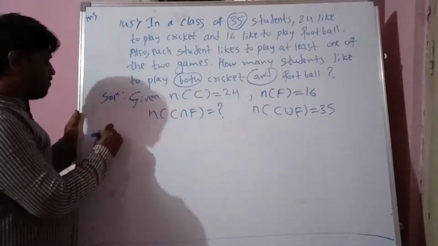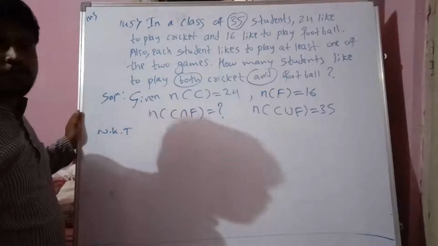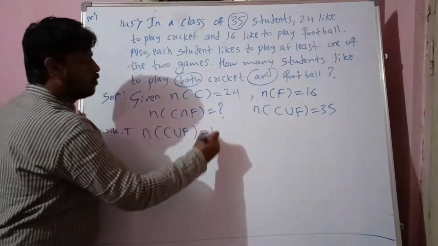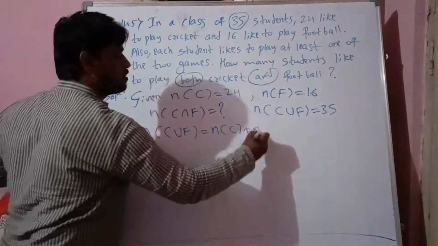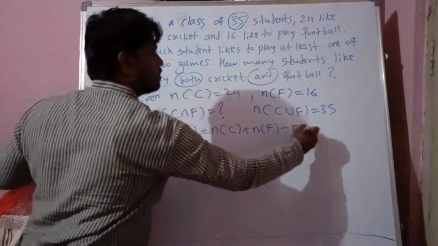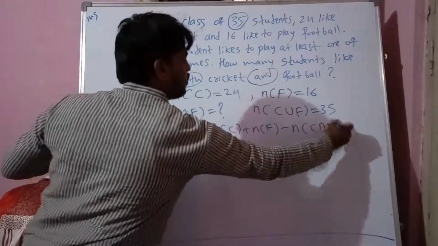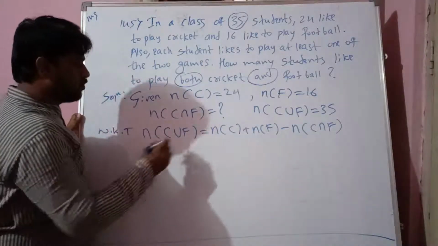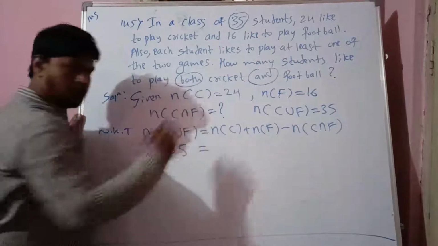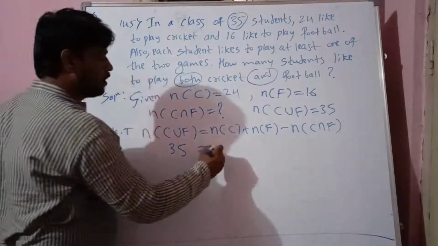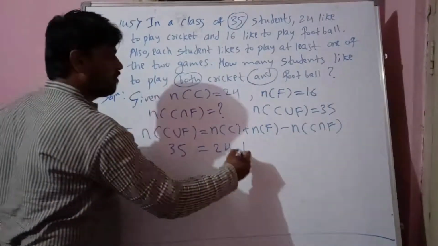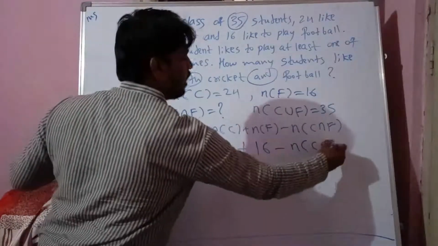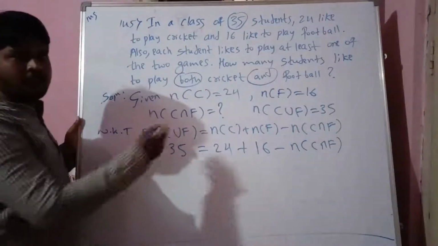So again apply the same formula as compared with n of A union B. Means n of C union F is equal to n of C plus n of F minus n of C intersection F. Put the given data. n of C union F is what? 35. n of C is what? 24. n of F is 16 minus n of C intersection F as it is, because we want to calculate that only.